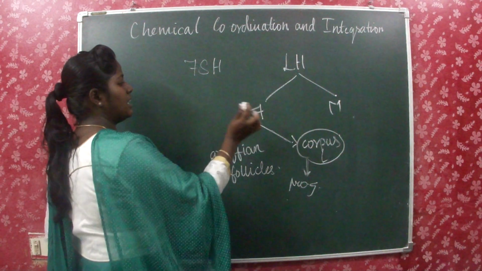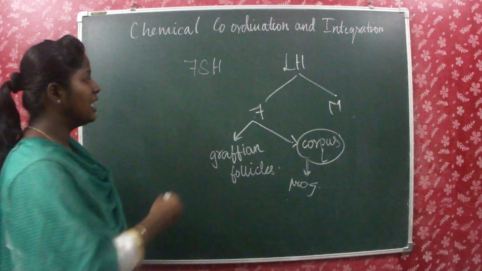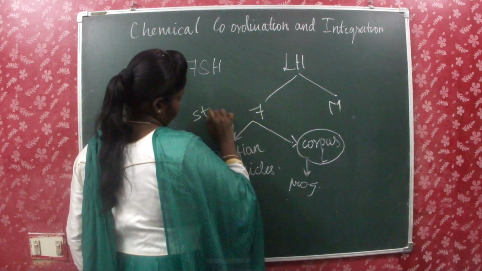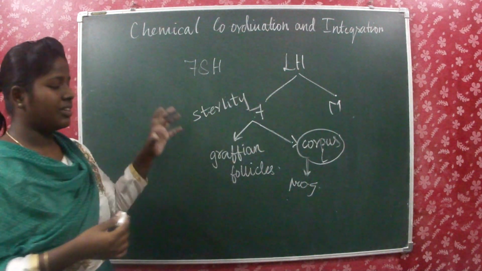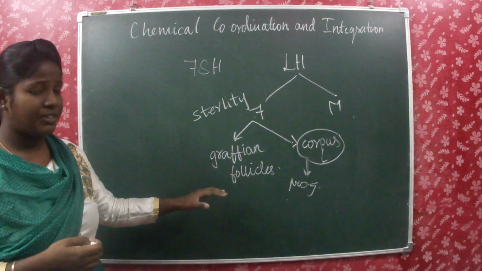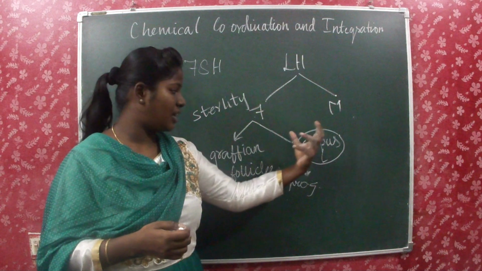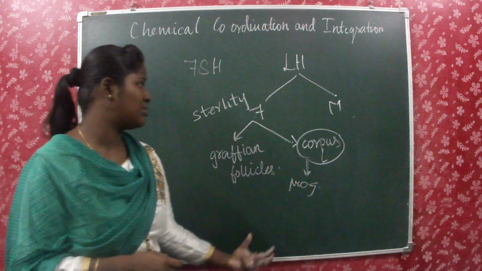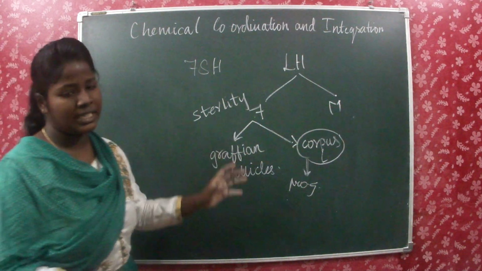When LH is secreted at a low level in females, it leads to sterility. So there are four different processes. The first is ovulation of Graafian follicles, then the formation of corpus luteum, further the secretion of progesterone, and hyposecretion of this hormone leads to sterility.